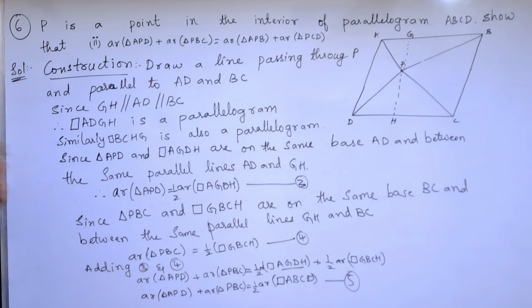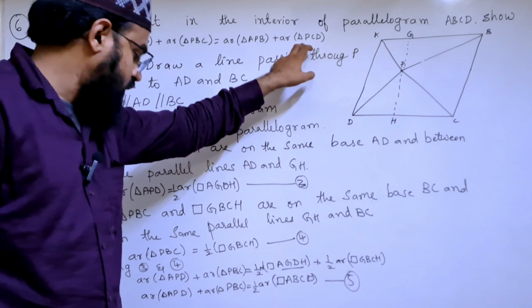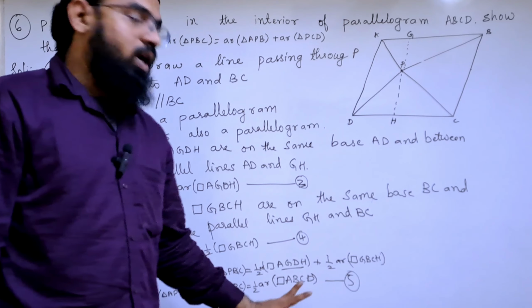In the first bit we have proved that area of the triangle APB plus area of the triangle PCD is equal to half of the area of ABCD.